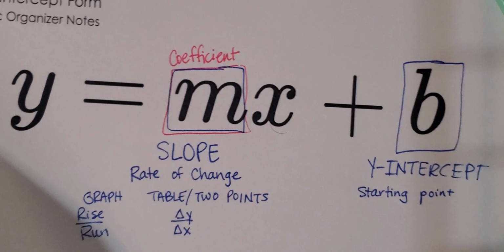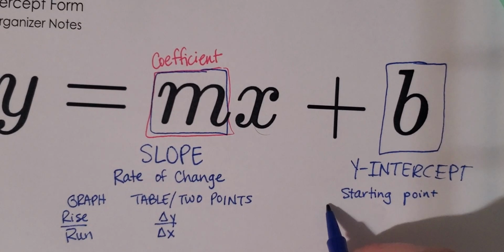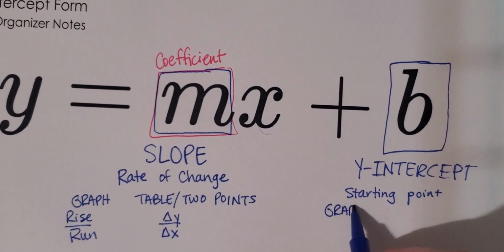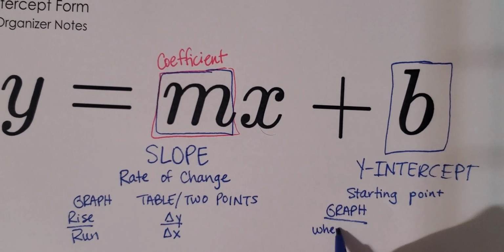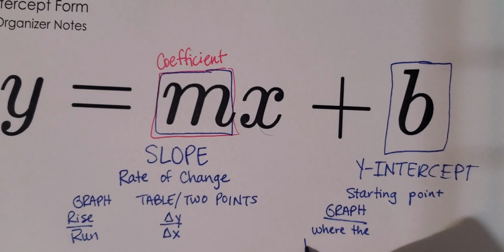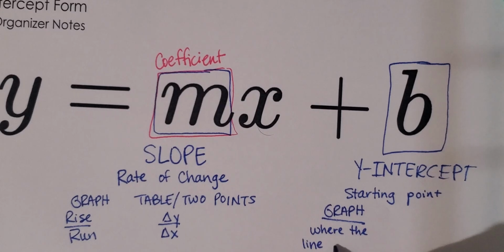To find the y-intercept from a graph, it's always where the line crosses the y-axis.